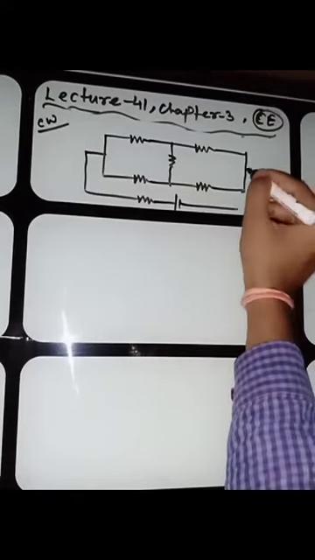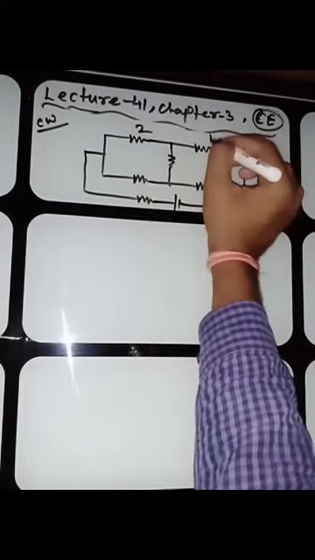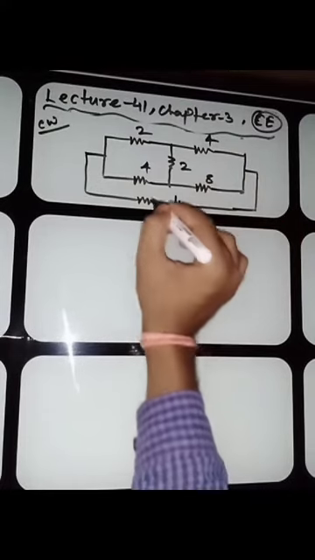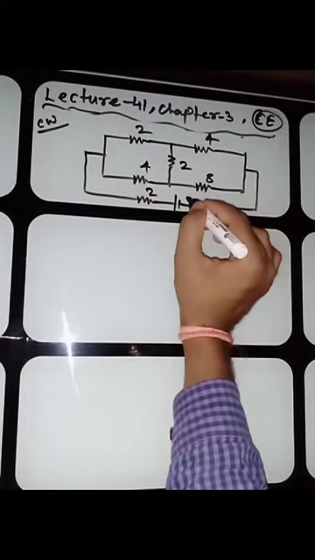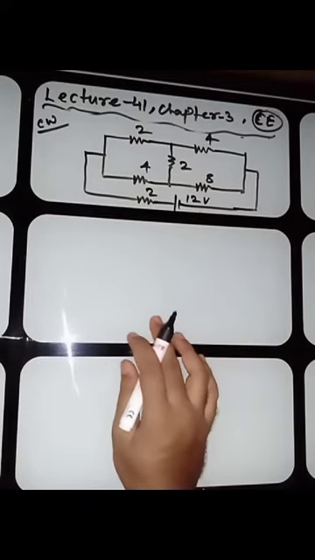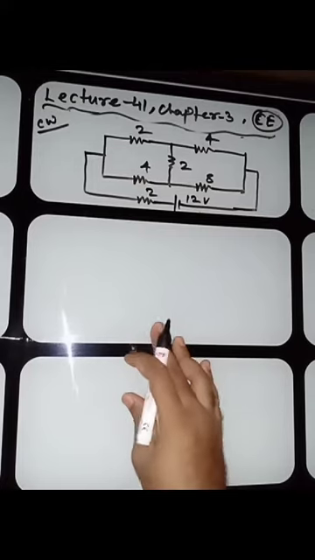All right, so all the resistors are 2, 4, 4, 8, 2, 2, and 12 volt. Okay, kindly tell me whether this one is a balanced Wheatstone bridge or not.